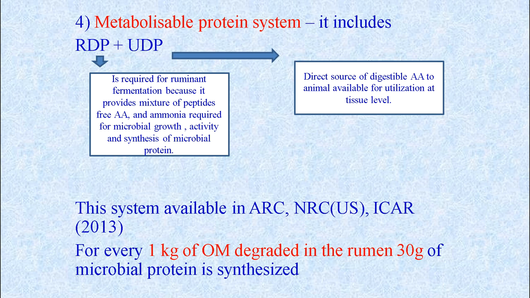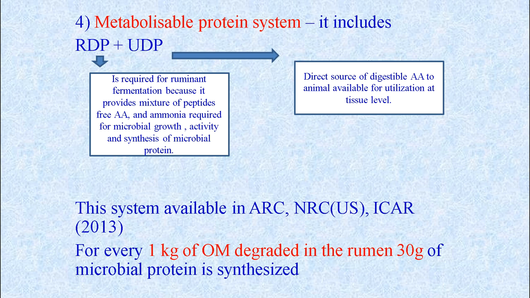And there is a mixture of peptides, free amino acids and ammonia required for the microbial growth and activity of the system. So ultimately, whatever protein is converted by the microflora is once again utilized by the host ruminant.